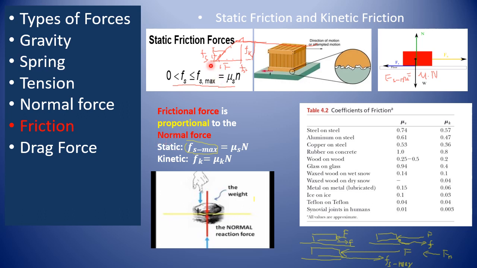If you apply a little bit of force horizontally, for example, you're pushing this box, then the static friction immediately kicks in against that force. So it balances the applied force on this object, and the object will not move, or the surface will not slide. If you have a stronger applied force, you get a stronger friction.